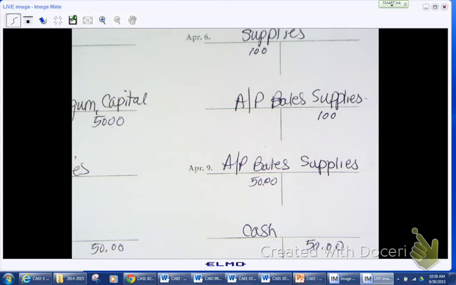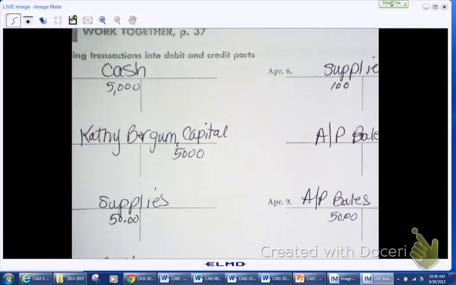In application problem 2-2, you will do a problem that is very similar to this work together problem that we have here on page 37.